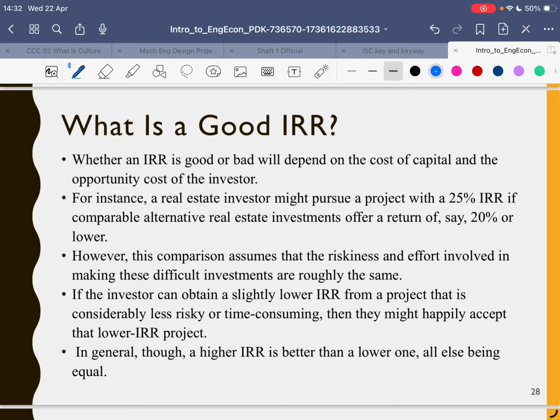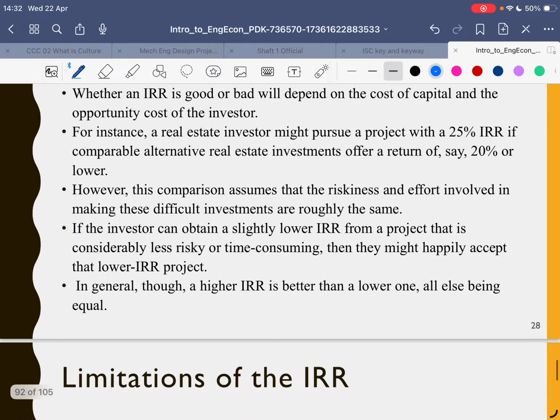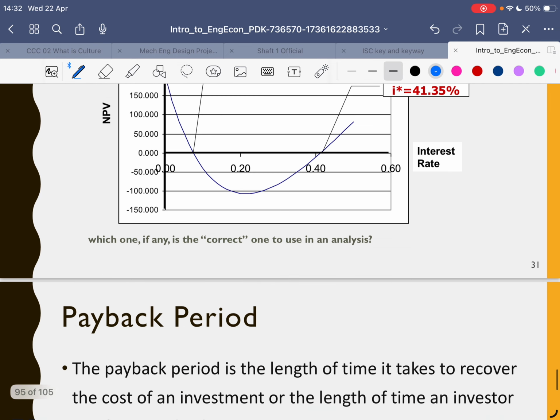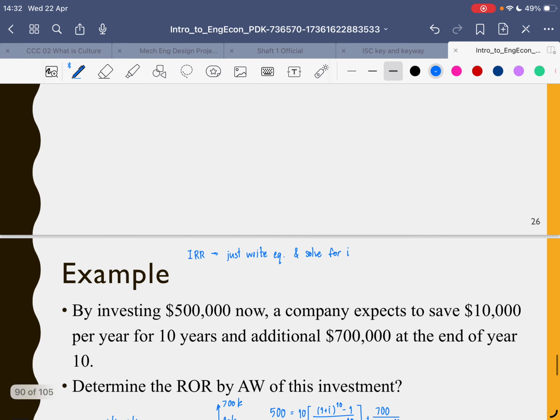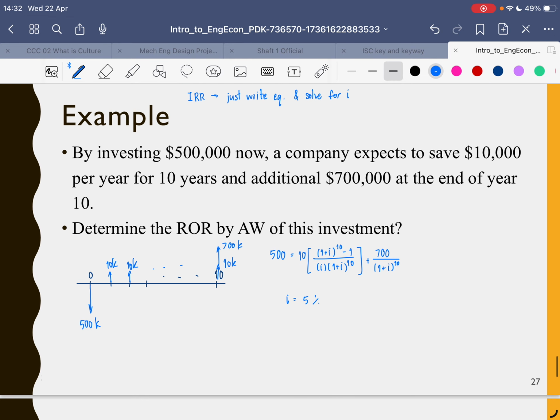And that makes sense that it has multiple solutions, because it's a nonlinear equation. So that's the reason I suggest that, in order to solve using your calculators, your calculator will ask you for the initial guess, and you put the initial guess as 0 and that will give you the proper IRR.